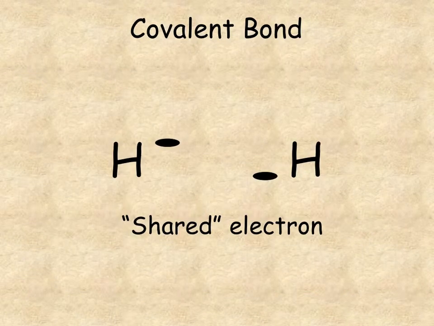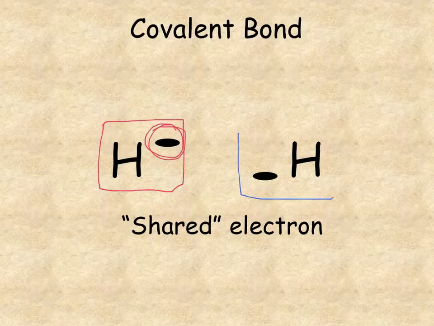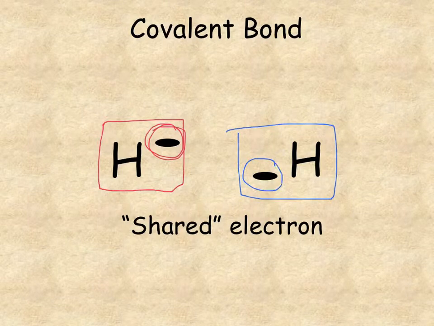Okay, so let's look at the simplest form of a covalent bond involving two hydrogen atoms. And so we're going to have hydrogen atom 1 here, and we can see that it has only one electron right here. And then we're going to have hydrogen atom 2, and we're going to have one electron here. Now, in order to form a bond, we need to do a sharing of two electrons, right?